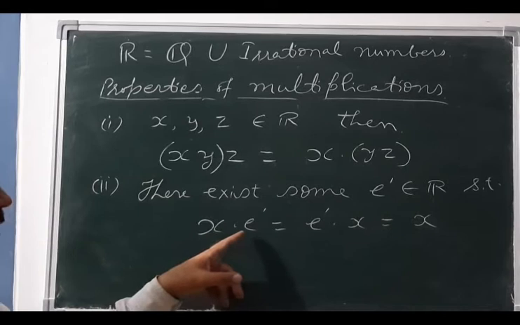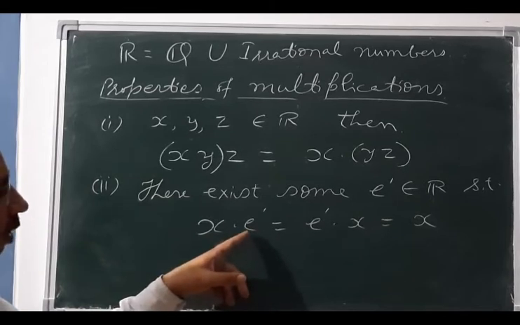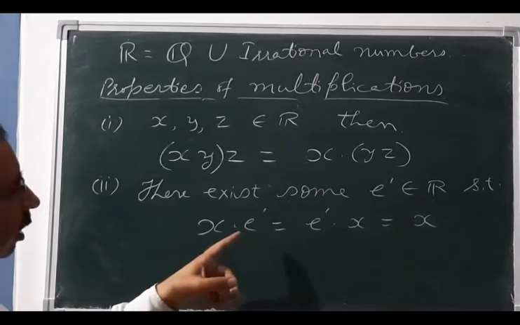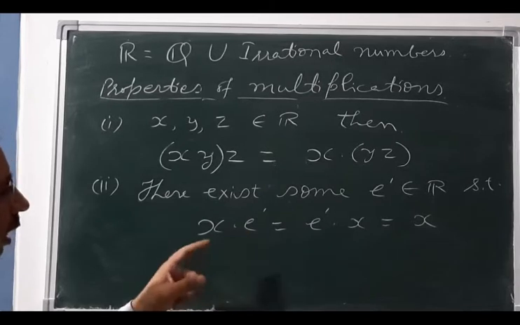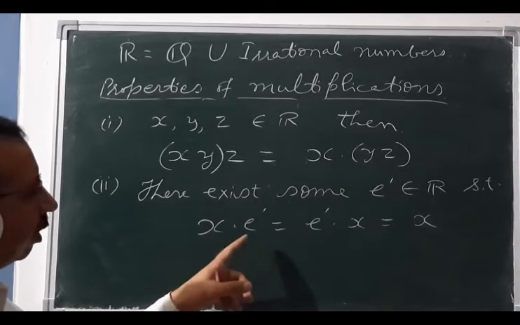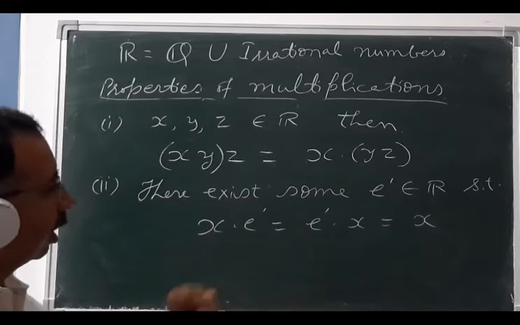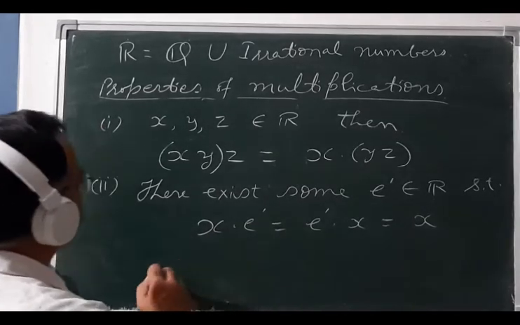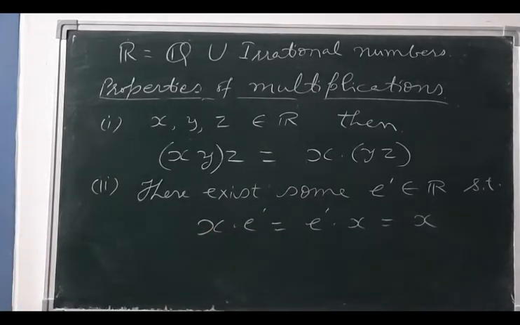But here the multiplicative identity is 1. So we have 1 in the set of real numbers having the property that x multiplied by 1 or 1 multiplied by x gives us x only. So this number is called the multiplicative identity.